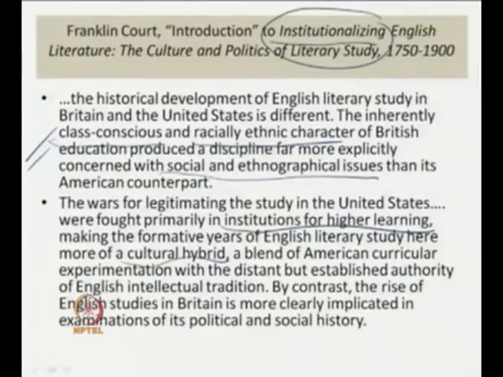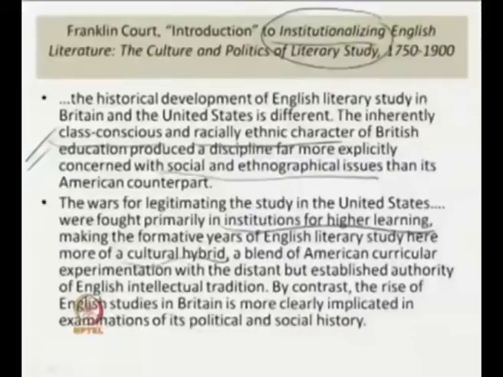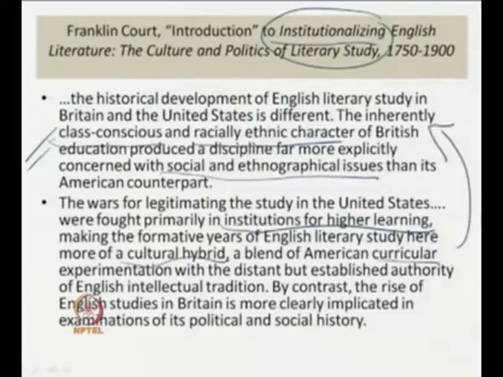On the other hand, here at least in the formative years, the impulse was towards cultural hybridity, fine. More of a cultural hybrid, a blend of American curricular experimentation, look at this word, curricular experimentation, and contrast it to what happens in England. A blend of American curricular experimentation with the distant but established authority of English intellectual tradition. So, this whole question of revising happens here, okay?